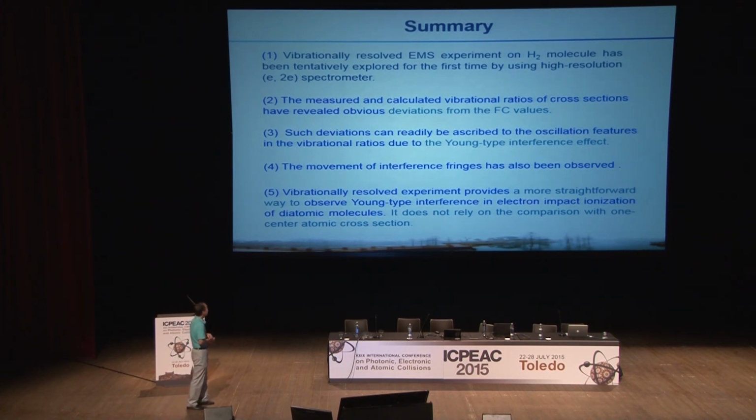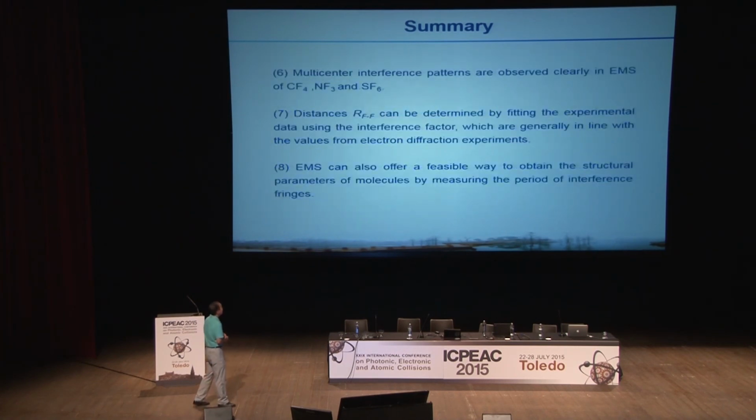For polyatomic molecules, we can observe the multi-center interference patterns, and the distance between two fluorine atoms can also be determined by fitting the experimental data using the interference factor, which are generally in line with the values from the electron diffraction experiments.